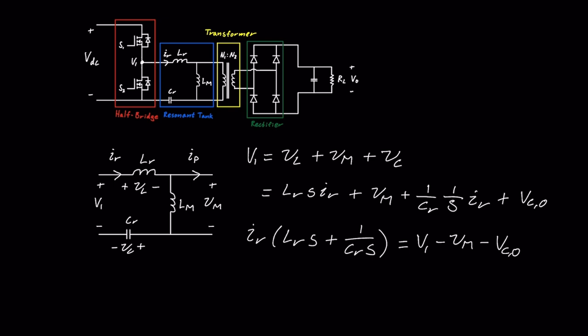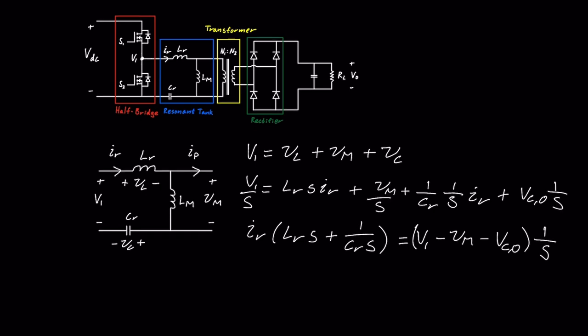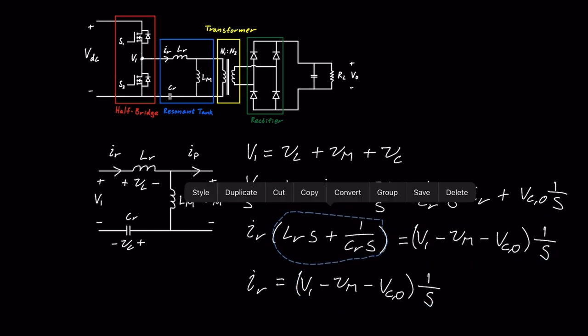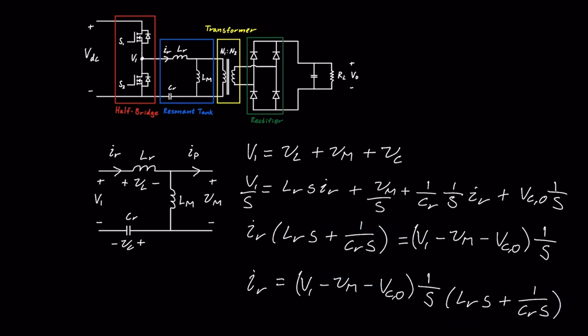And here I forgot, in Laplace domain, you need to divide the constants by S. So here, V1 over S, and then also Vm over S. Then we can divide both sides by this term. Then we get IR equals this part, and then divided by this part. So we'll just do it under, and then divide here.